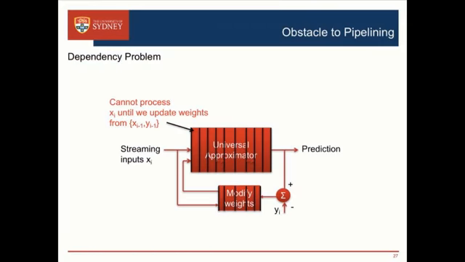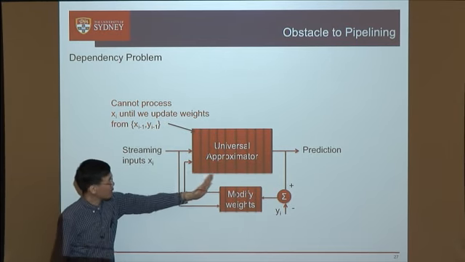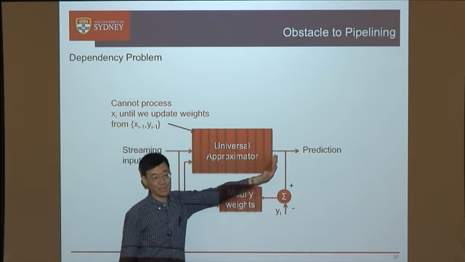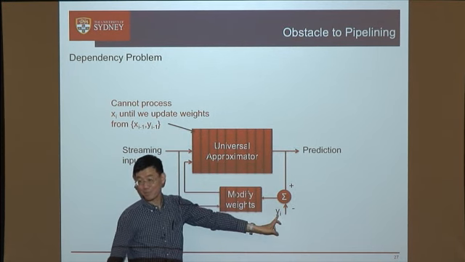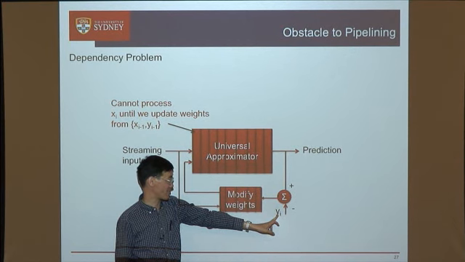Now the difficulty with pipelining is as follows. If you get a new input, and you've got a heavily pipelined design, you have to propagate this input all the way to make a prediction. Then you have to wait till you get the output, which might not happen at exactly the same time.